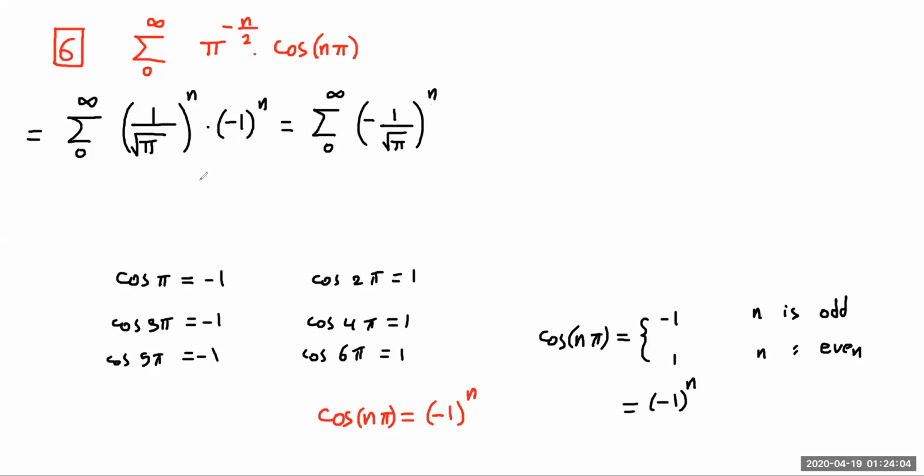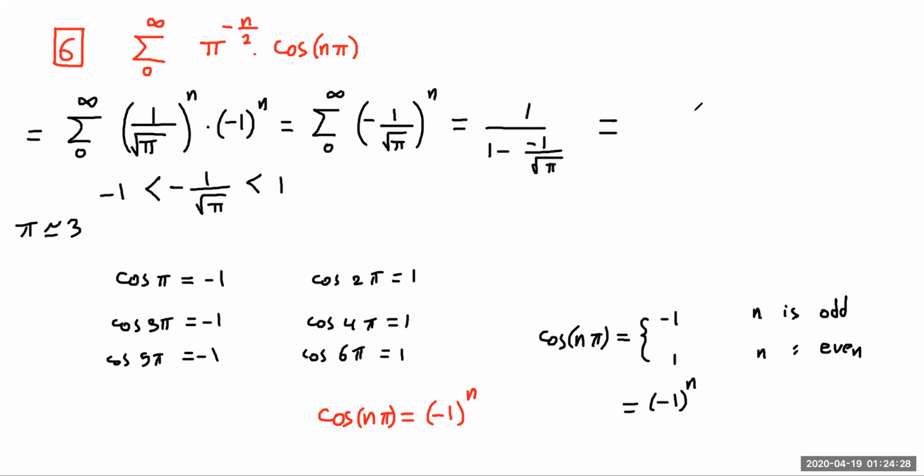This number, minus 1 over root pi, is between 1 and minus 1 because pi is nearly 3. So I can use the theorem. So the sum is 1 over 1 plus 1 over root pi. So the final answer is root pi over root pi plus 1.